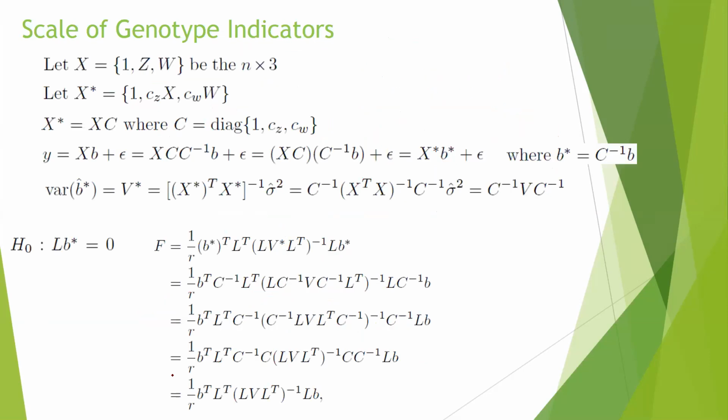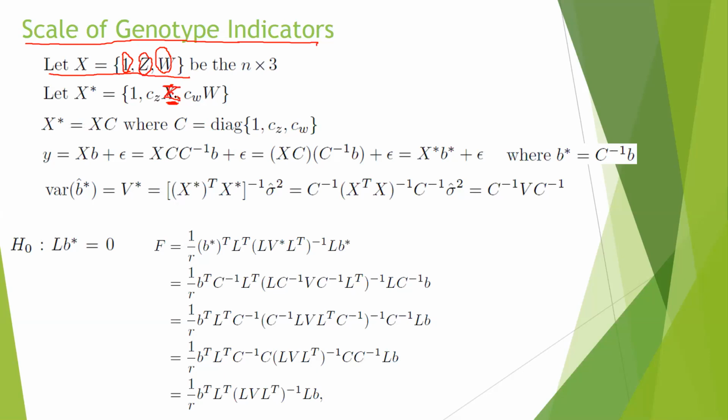Good. Now we will look into the different scales of the genotype indicator. This is the original way we define the X matrix, right? The 1 is for the intercept, the B0, so it's always 1 there. But we have Z for the additive effects, and W for the dominant effects. However, in some situations, we want to test something different, not using the originally designed Z, sorry, this is Z, typo.